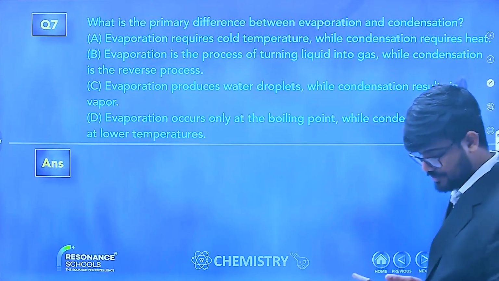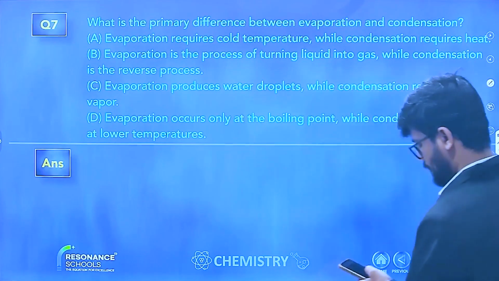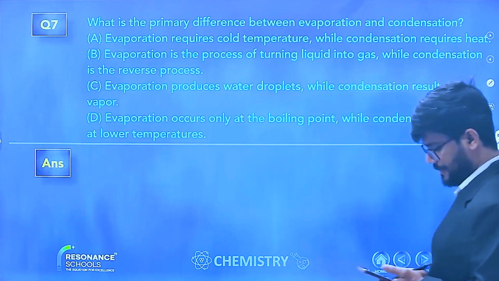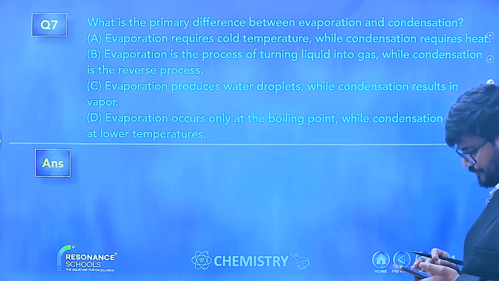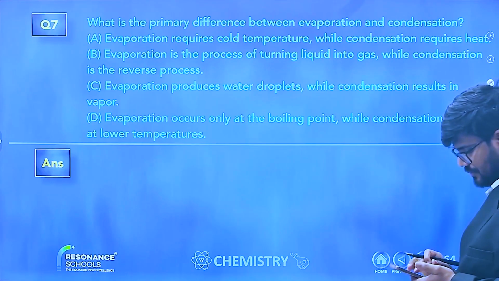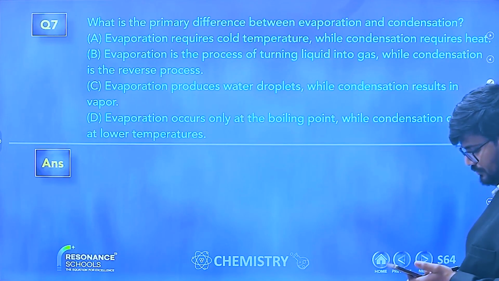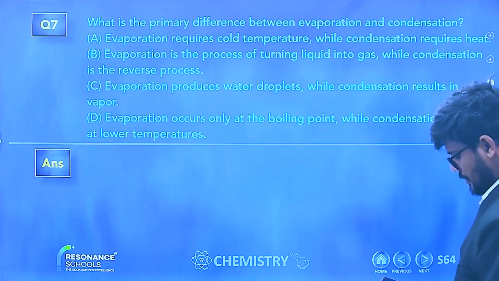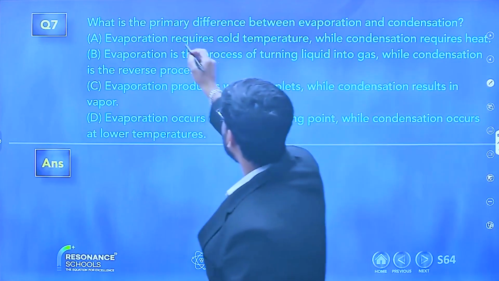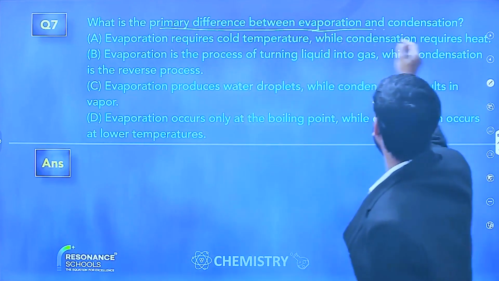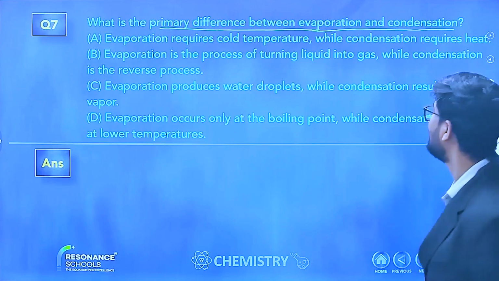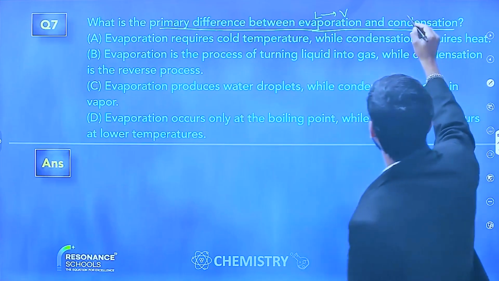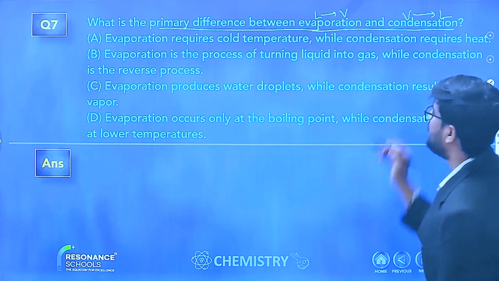This one, everyone, try. What is the primary difference between evaporation and condensation? So already we have seen evaporation means liquid to vapor and condensation means vapor to liquid, correct?